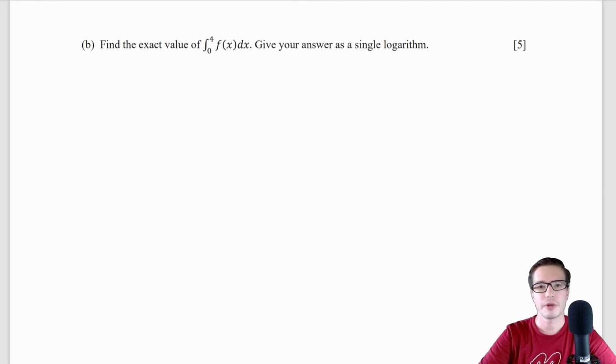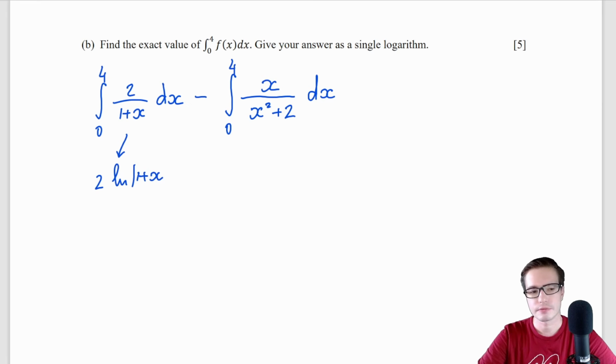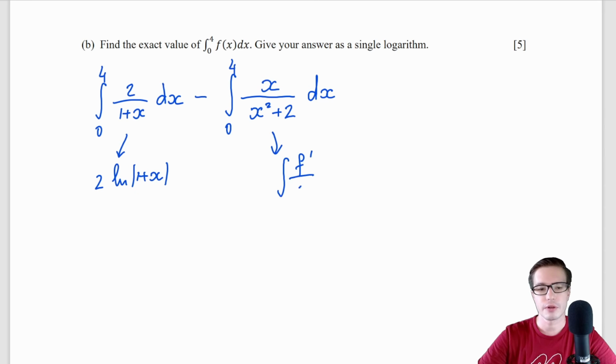And now we have to use our partial fractions for integration. The first one is going to be quite easy. It's just 2 times log 1 plus x. And now for the second one, we will have to use the formula, the integral of f derivative over f equals natural log f.